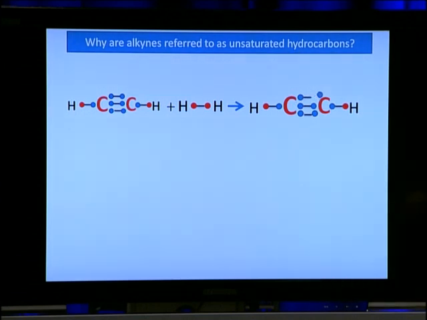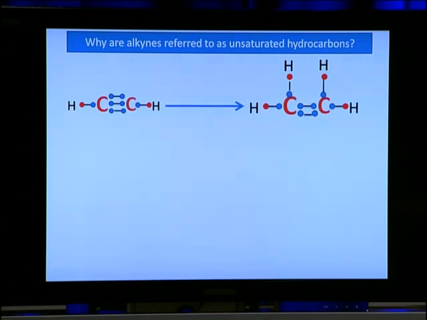So let's see how the bond opens up. One hydrogen gets attached to this carbon, another hydrogen gets attached to this carbon, forming a bond. A double bond compound is produced. This compound is still unsaturated. This falls under the class that is alkene.